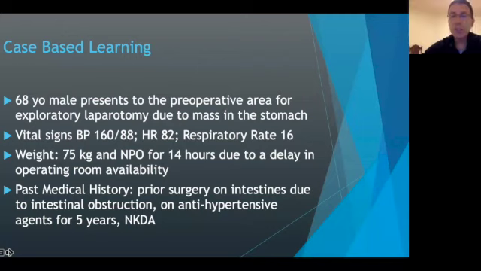So the surgeon tells you during the case, I want you to give him 3 or 4 runs of potassium. I want you to replace his potassium during the operation. What are you going to say? The surgeon says, I want you to replace the potassium and give him some potassium runs during the surgery. What are you going to say?